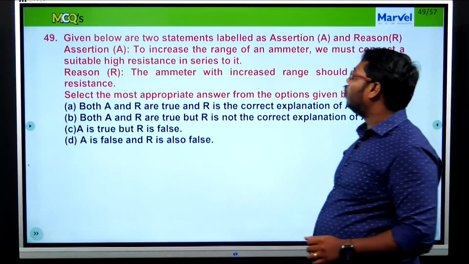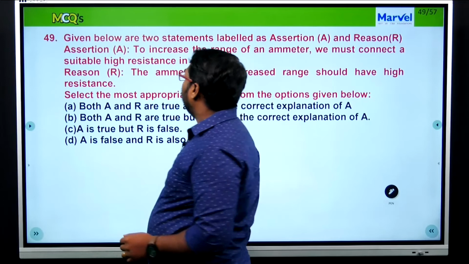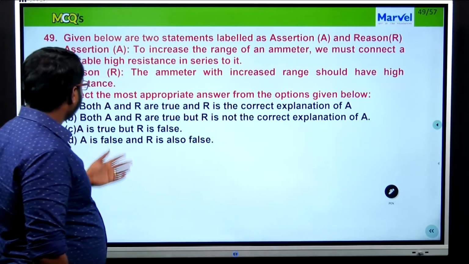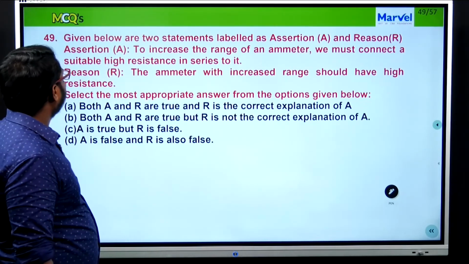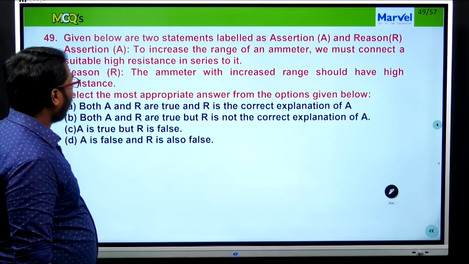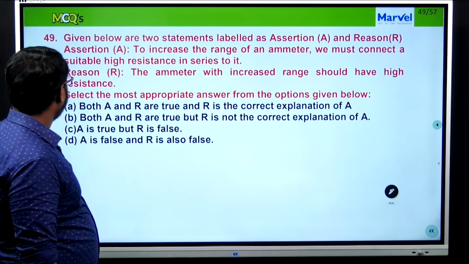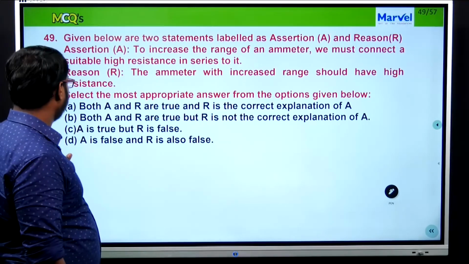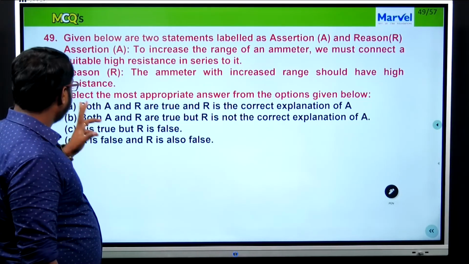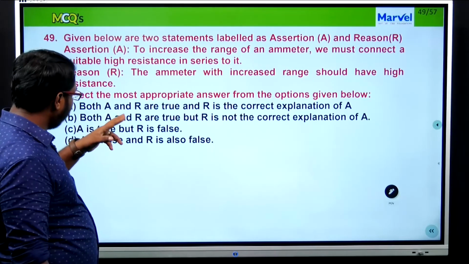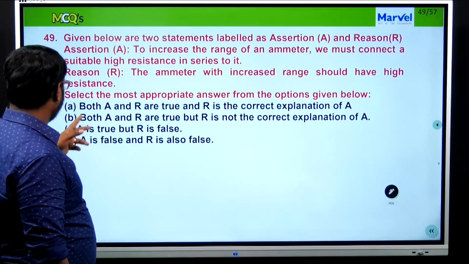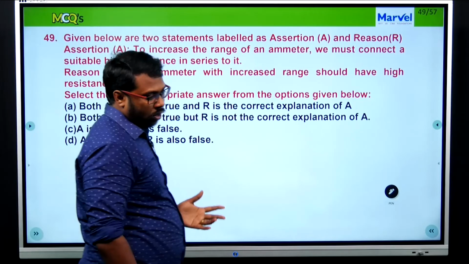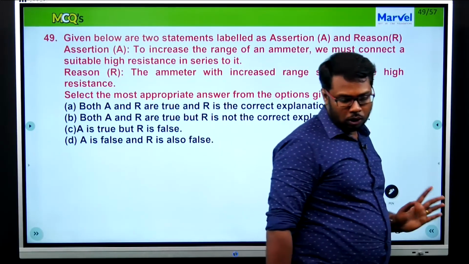So now we move to the next question. Given below, the assertion: to increase the range of an ammeter, we must connect a suitable high resistance in series to it. Next, the ammeter with increased range should have high resistance. That is what is given to you in the question.